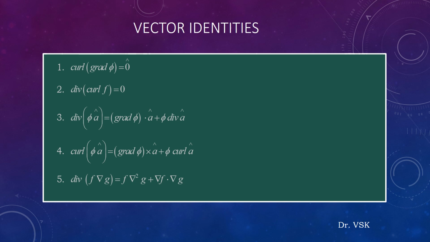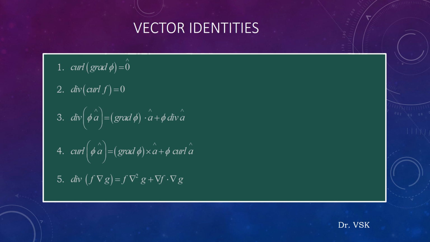So the LHS of this vector identity is a vector field. Now coming to the RHS of this vector identity, the RHS is grad phi cross a cap plus phi curl a cap. Here also the RHS has two terms.